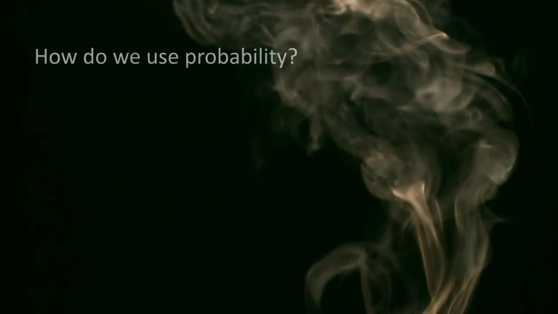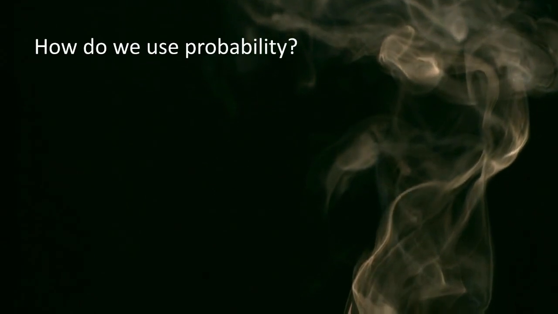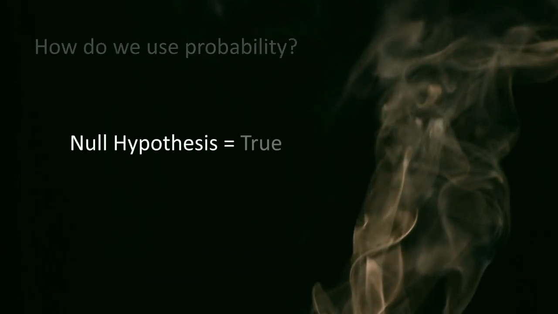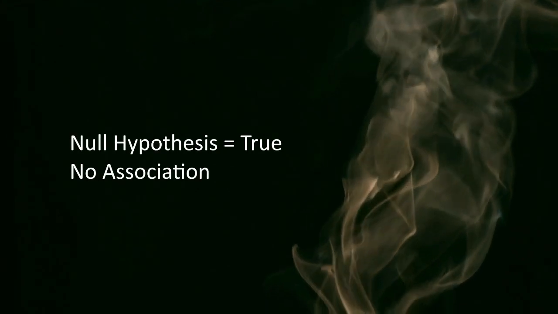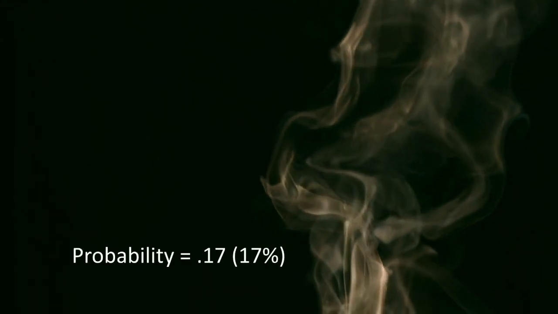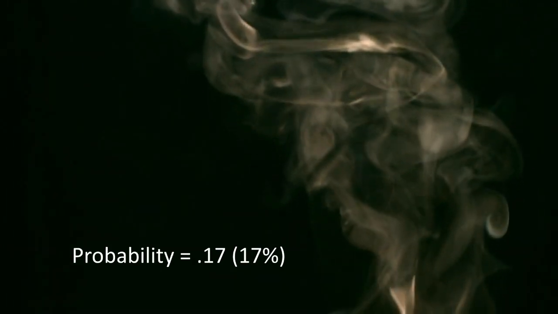So how exactly do we use this probability to come to a conclusion about the null hypothesis? Remember, if the null hypothesis is true, there is no association. There's a probability of 0.17 or 17% of observing this size of difference between smokers with and without depression.